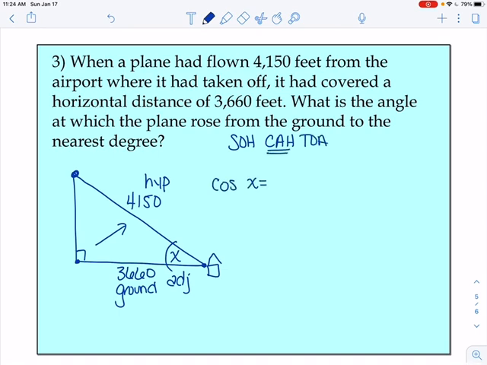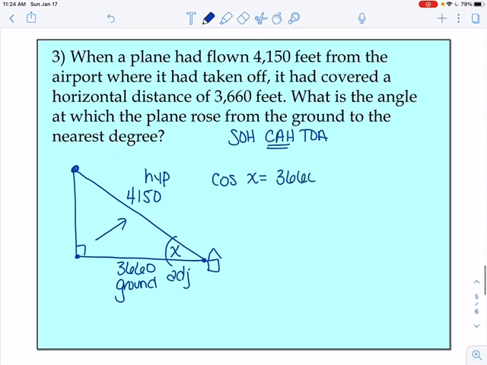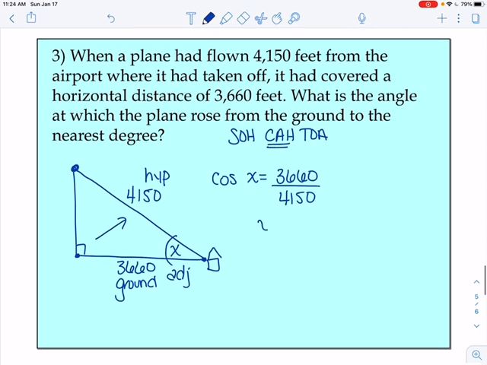So you're going to have the cosine of x equals the side adjacent, 3,660, divided by my hypotenuse, which is 4,150. Again, go into that calculator, do the division first, second cosine inverse, and when you round to the nearest degree, you should get an answer of 28 degrees.